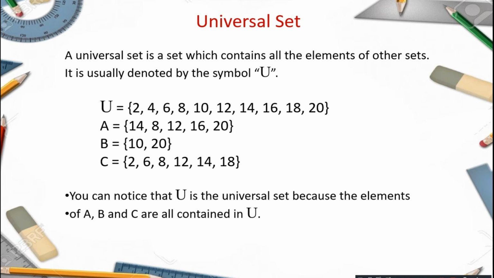Set C has the following elements: 2, 6, 8, 12, 14, and 18 that can be found again in the universal set. Meaning to say, set A, set B, and set C are all subsets of the universal set.